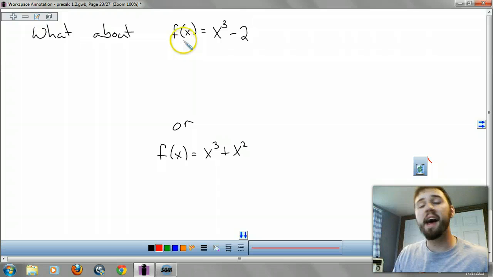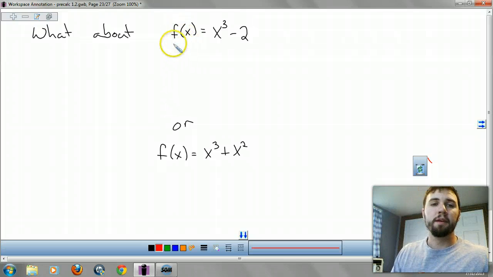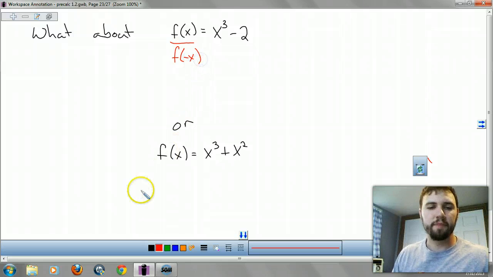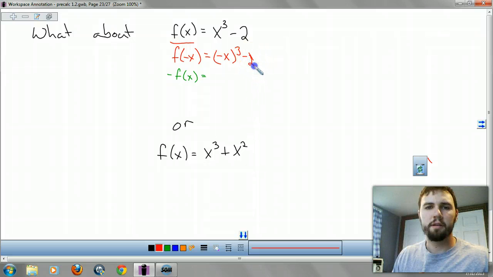Same as before. Odd, even, or neither. We already have f of x. Now we need to find f of negative x. Okay? And negative f of x. Well, f of negative x, we plug in our negative x cubed minus 2. Which is, well, negative x to the third is still negative x to the third minus 2, right?